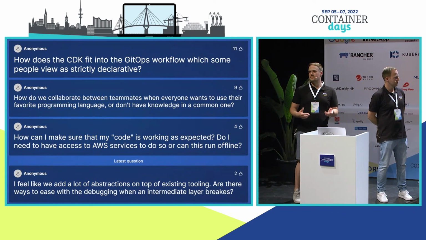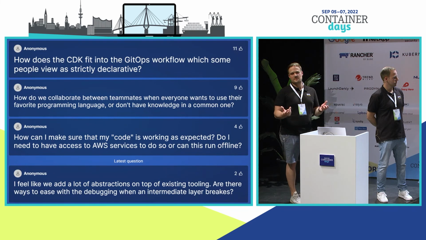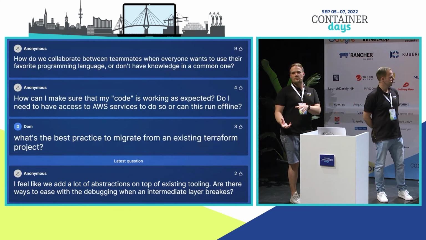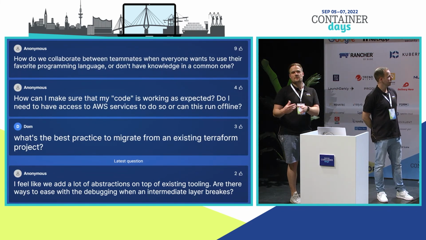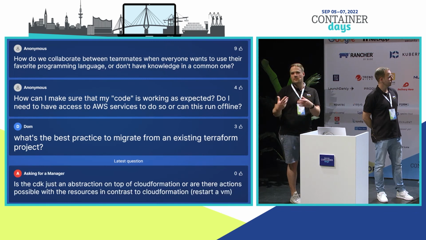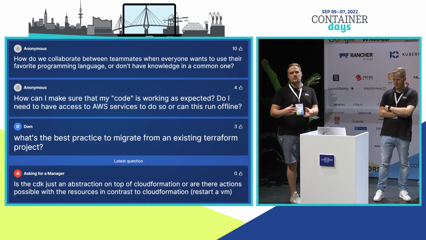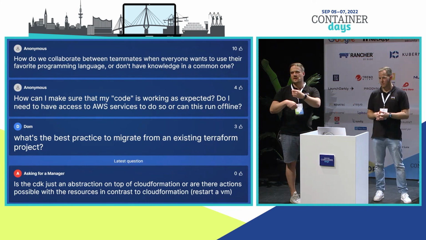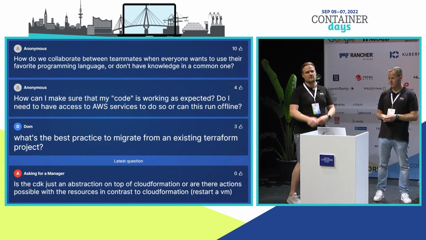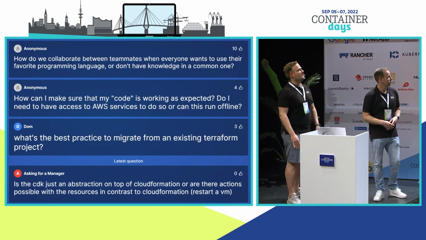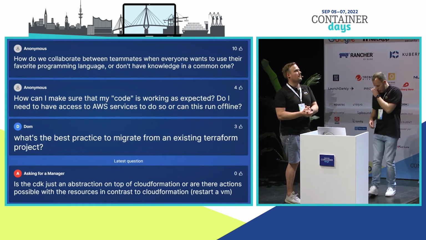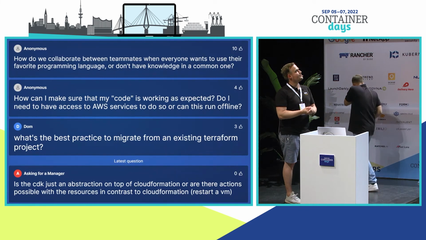It can do bad things because it's code. But the output is a declarative template, and you can use that declarative template in all your workflows like GitOps, where you previously used declarative stuff. So for example, for Kubernetes, you could just take this Kubernetes YAML, put it into your GitOps workflow, and have the control loop run it over and over again. So I think there's some compatibility there.